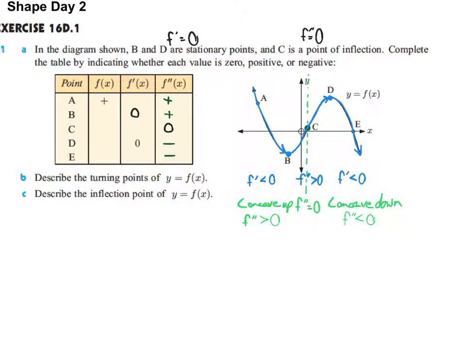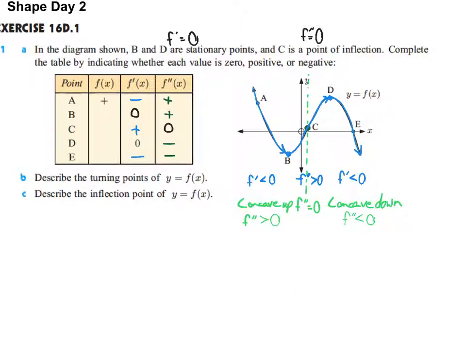So now, as we look over here at the first derivative, what's the first derivative at A? Negative. And at C? Positive. At E? Negative. And then finally, we have our function.